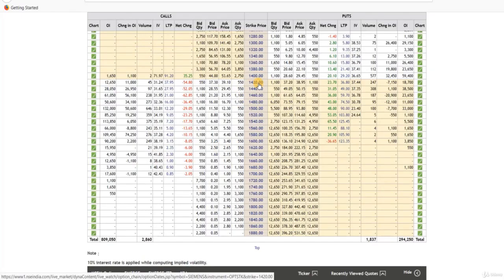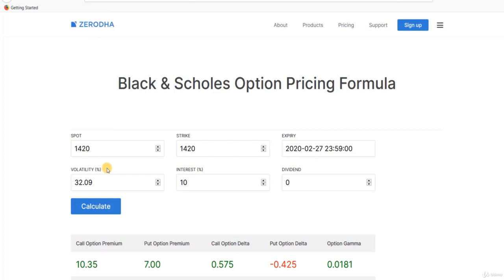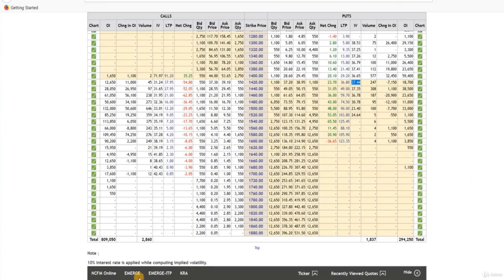And volatility is for this strike. See, this is implied volatility and the 1420 put strike has IV of 37.44. So we will fill this value here. Interest rate is 10, which you can see below the options chain.